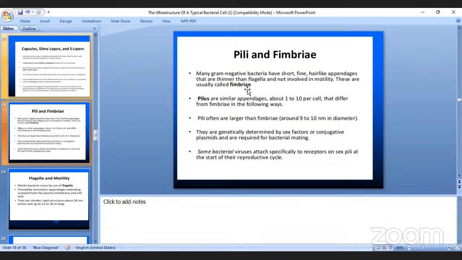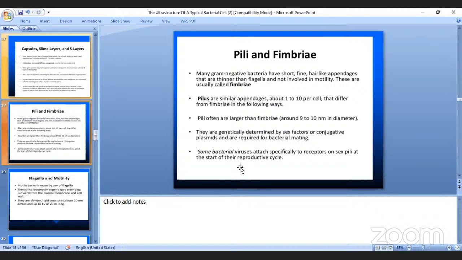Fimbriae are thinner than flagella but larger than pili. They are genetically determined by a sex factor. Conjugation requires the plasmid. F present is called F plasmid; F pili absent is called F minus. Some bacterial viruses specifically attach to the receptor sex pili and start their reproductive cycle.